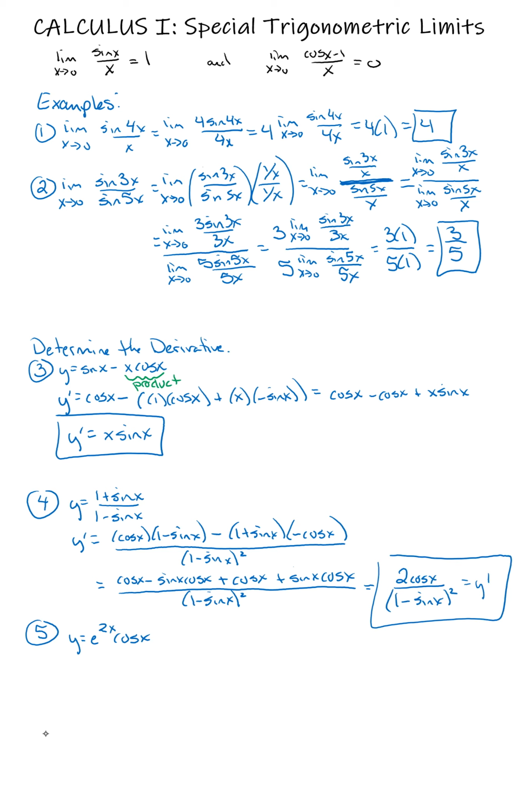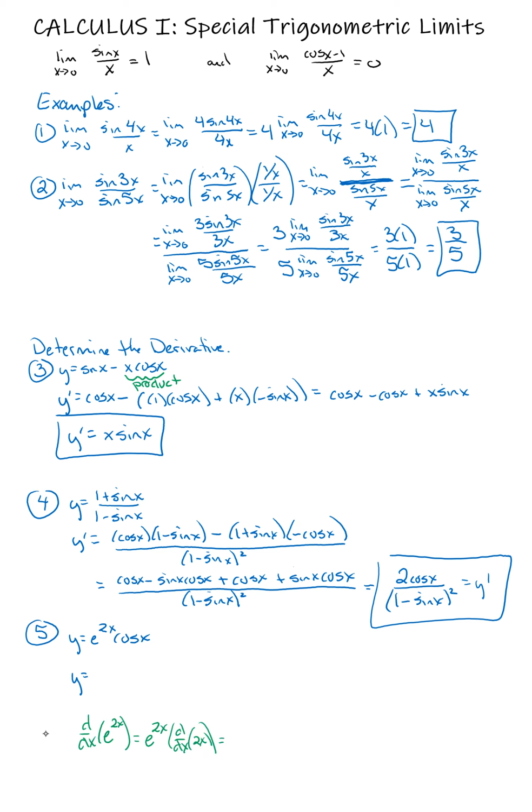All right, one more example. Let's see if we can find the derivative of e to the 2x times cosine x. Now this time we're going to use the product rule. So we're going to start by taking the derivative of the first. Now remember, for the derivative of e to the 2x, we end up with e to the 2x, right, e to that power, times the derivative of whatever is in that exponent.